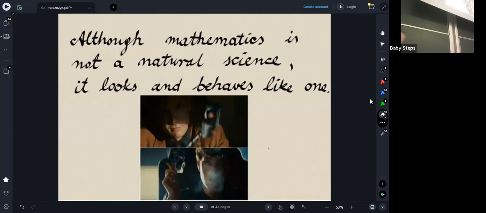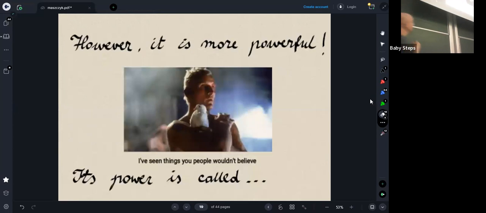Although mathematics is not a natural science, it looks and behaves like one. Okay? However, it is more powerful. I hope you recognize this picture. If not, okay.